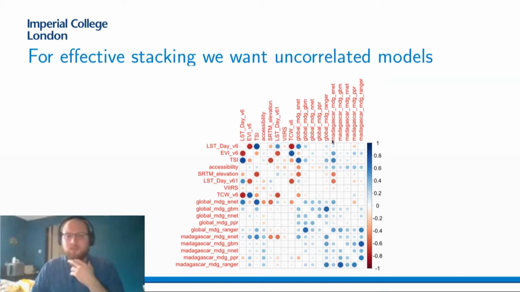The next section of covariates are predictions from just the data in one country. There's quite a lot of correlation within each group: all the models fitted to the same prevalence data set have strong positive correlation, which is not surprising, as they're all trying to do the same thing. But for stacking to be effective, we want quite good models that are all quite uncorrelated.